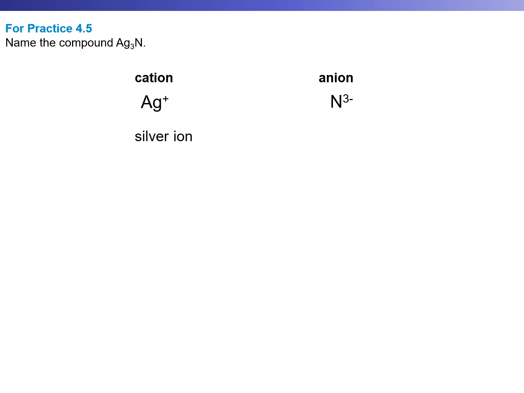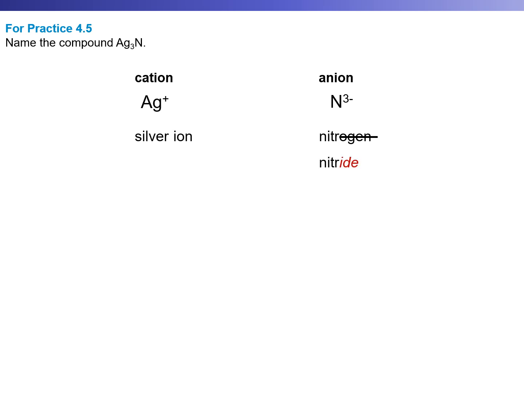Now we have to do a little bit more work to come up with a name for the anion. Here we've got the ion of nitrogen. Let's write the name of nitrogen right here. To name this anion, you get rid of the ending of the element, in this case the ogen part, and you add -ide to it.